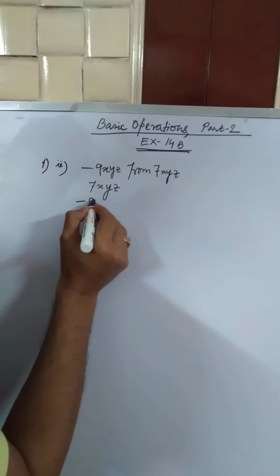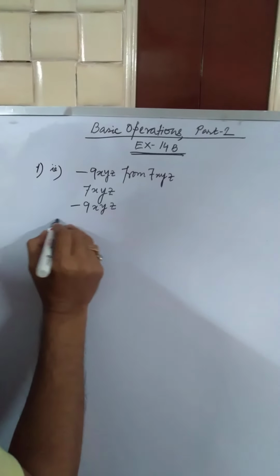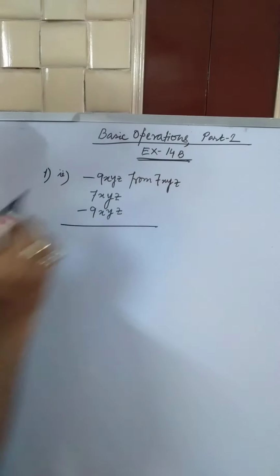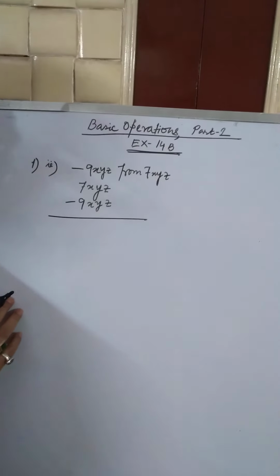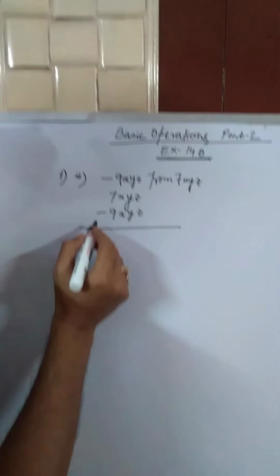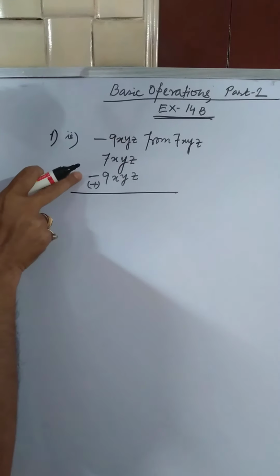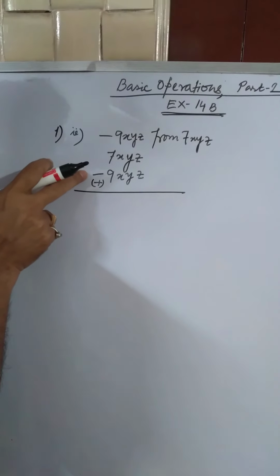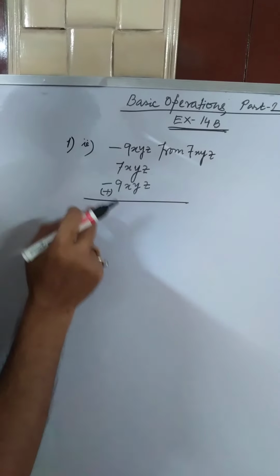Under that write down minus 9xyz, because you have to subtract minus 9xyz from 7xyz. Now for the subtraction, you have to change the sign. Which sign is before there? Minus 9xyz, so you have to change it to the opposite sign, that is plus.